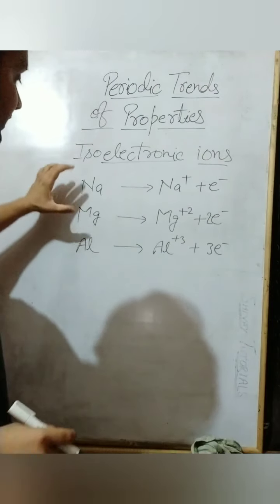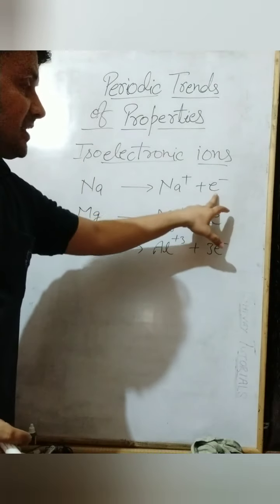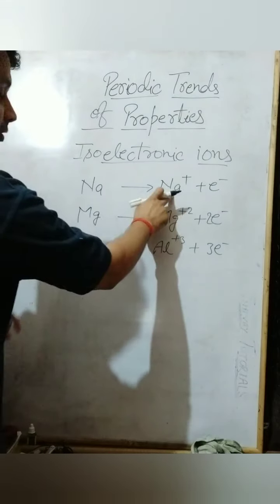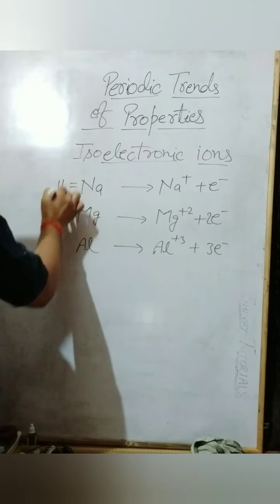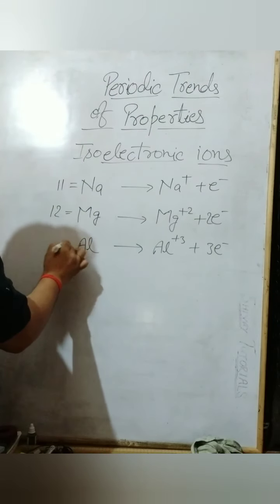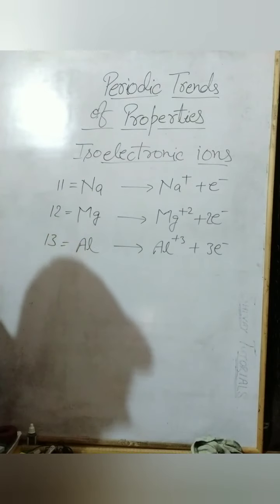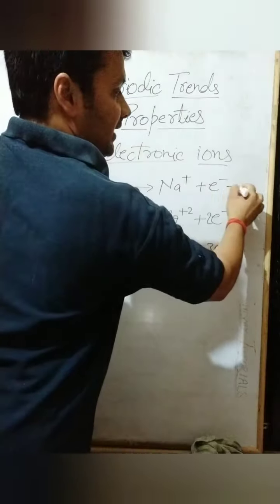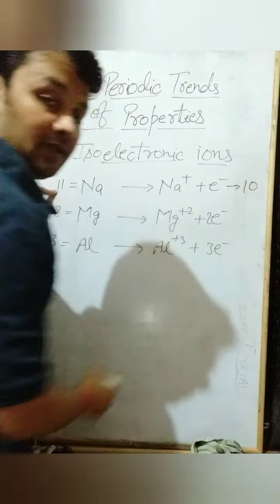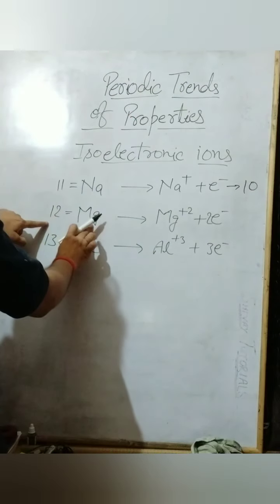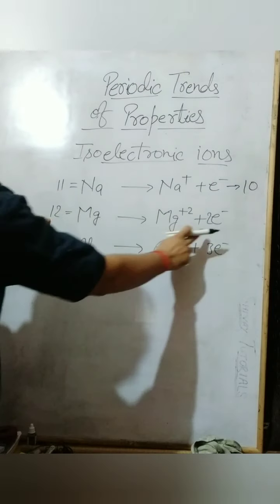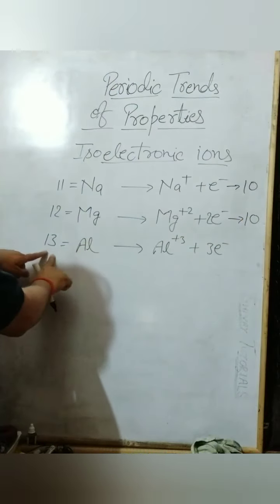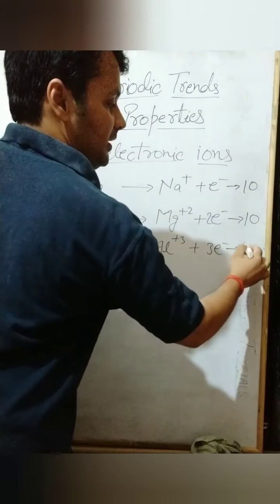Now here the atoms are releasing different numbers of electrons, but what is common here? Sodium has atomic number 11, magnesium has 12 and aluminium has 13. If sodium has lost 1 electron, 10 electrons remain. Magnesium has a total of 12 electrons. If 2 are lost, it will again be 10. And aluminium has lost 3 electrons, it also will be 10.